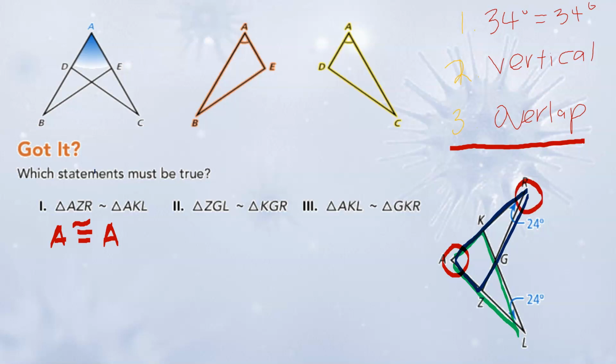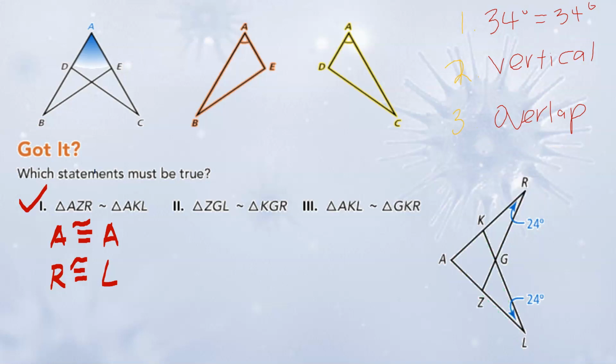Angle R is 24 degrees, and angle L is also 24 degrees. So that is similar to our first example here, where it just gives us two angles being congruent. Angle R is congruent to angle L. Because we've proven that two matching sets exist, we know that these two triangles are similar. That statement is true.